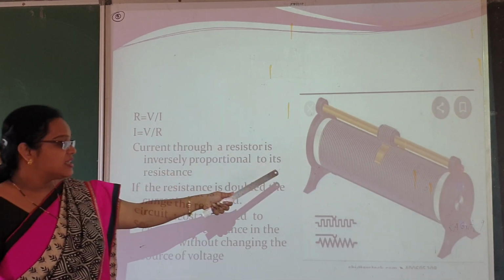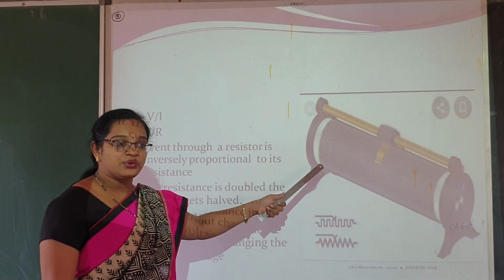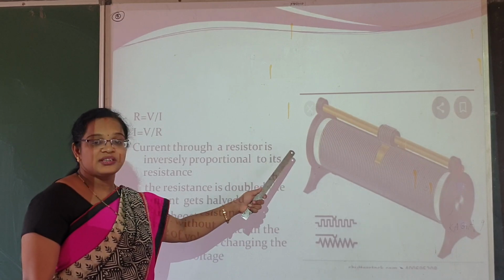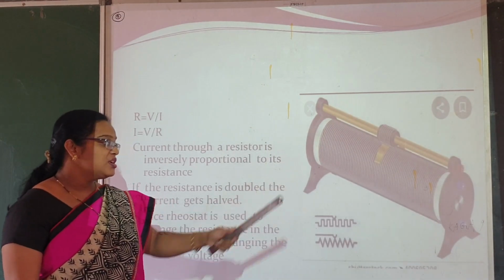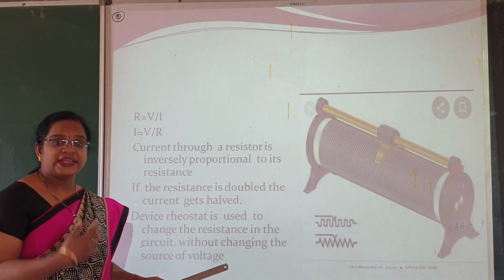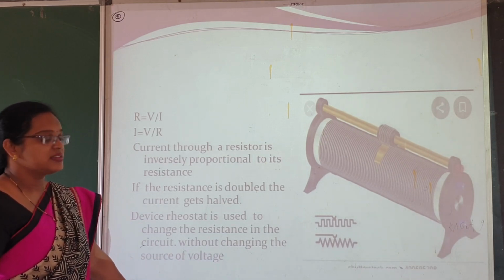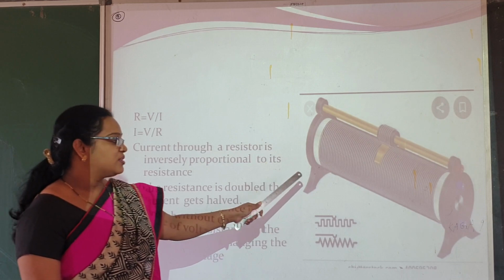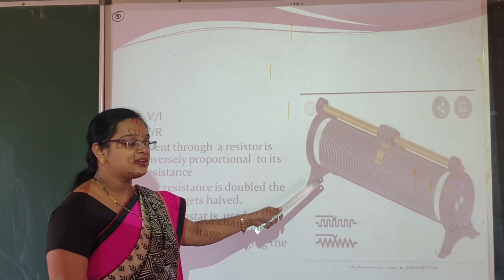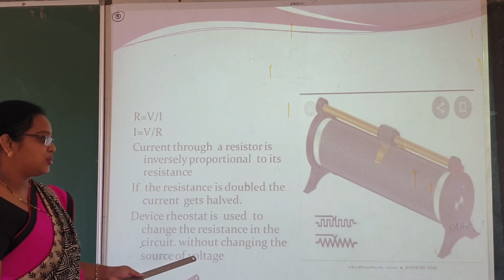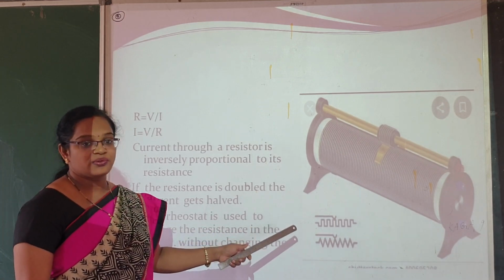This is a device used to maintain or to vary the resistance in the circuit. If you want to increase the resistance, the opposition, or decrease the resistance in the circuit, we call it a rheostat, the device used to change the resistance in the circuit without changing the source of voltage.